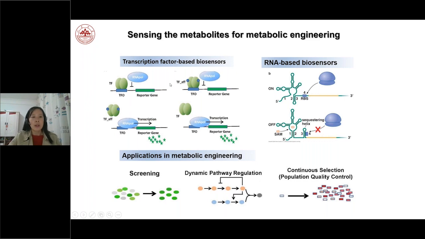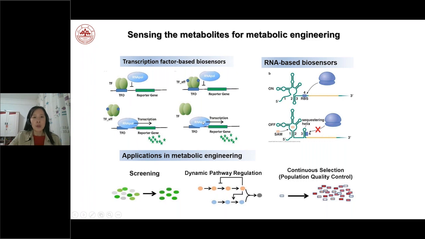In general, there are 2 kinds of biosensors, including transcription factor-based biosensors and RNA-based biosensors. So here I will just give several examples of how to design the biosensor and how we can use it for metabolic engineering.